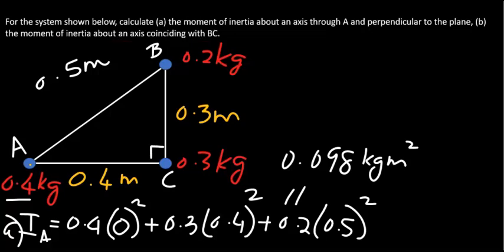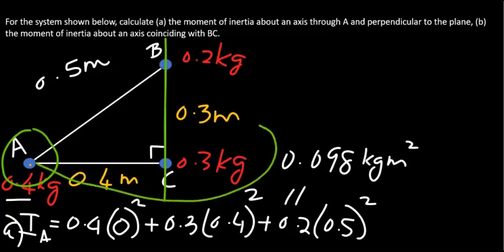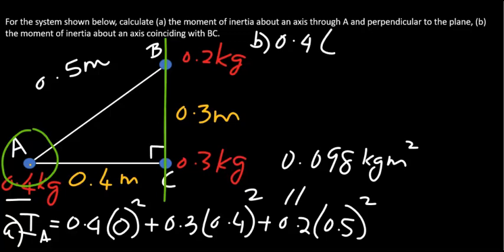Now let's do part B, the moment of inertia of the system about an axis coinciding with BC. So the axis of rotation is that line. As you can see, only the 0.4 kg object will execute such a rotation in a circular trajectory. So let's do the calculation. The first contribution is 0.4 kg. The perpendicular distance from such an axis is 0.4 meter, so square that.